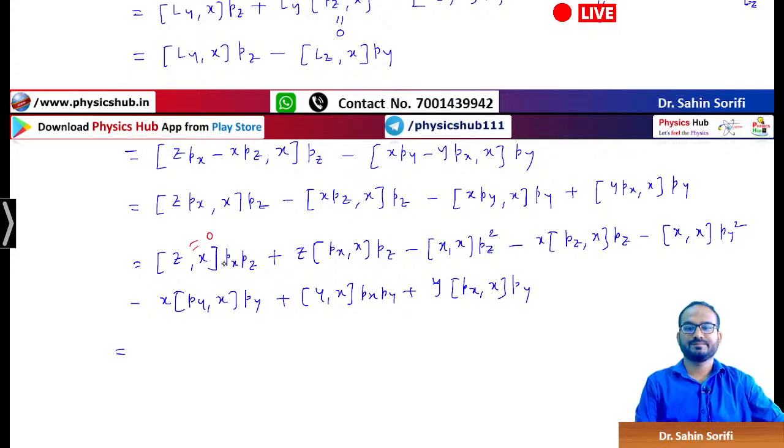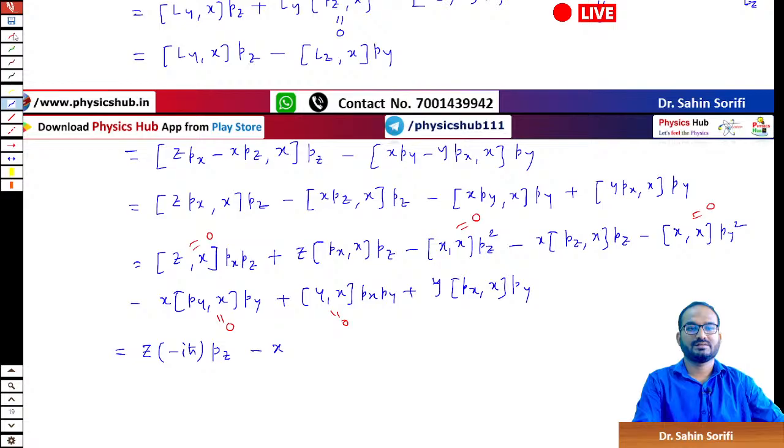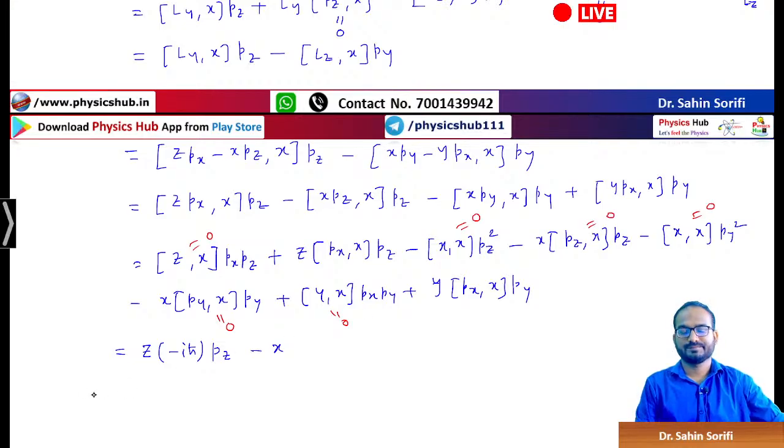Px x will remain. x x, it is 0. This is 0. Py doesn't commute with x, y x. Okay, remaining terms will be there. Px x, x Px, so i h cut, so this will be minus i h cut, right? So z into minus i h cut Pz. This one minus x, Pz x is also 0, right? This one is also 0.